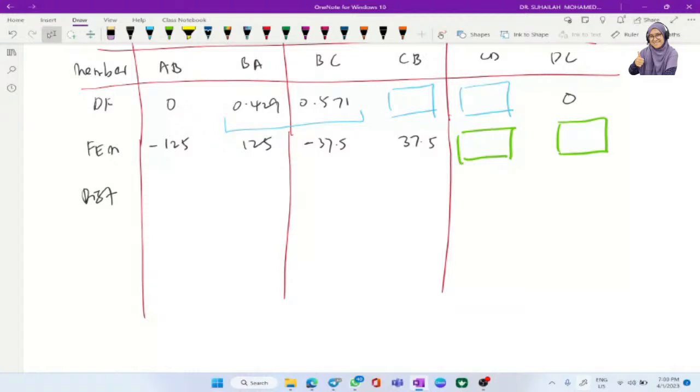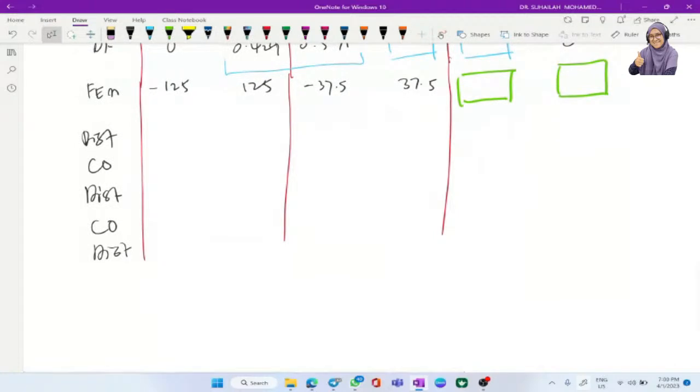So distribution, then carry over, then repeat distribution, and repeat carry over. For carry over, we use the factor of 0.5. We repeat again and again until the last distribution reaches 0 value, until we get 0.0 something, then we can stop the process.